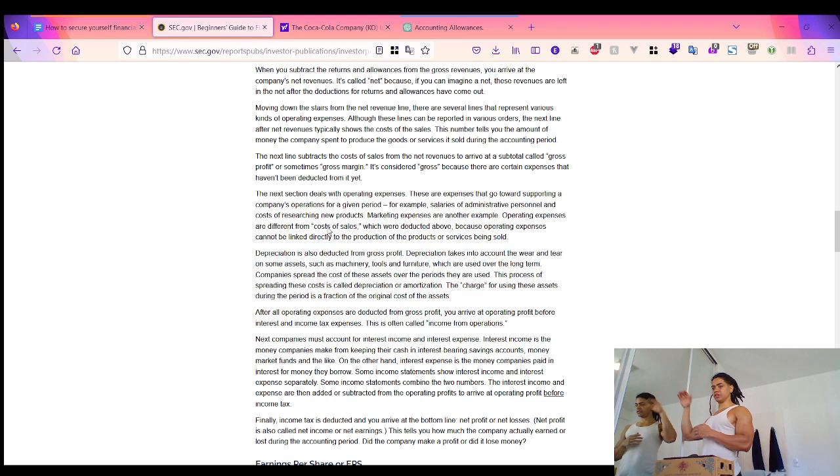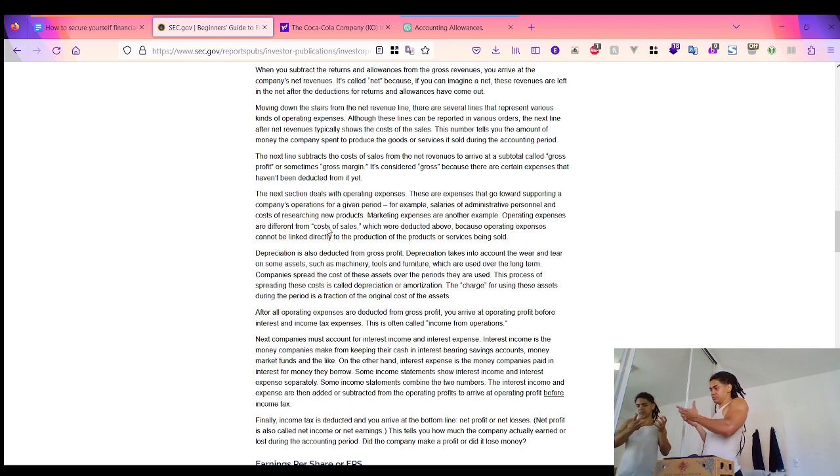If you think of an income statement as a set of stairs, you start at the top with the income, the gross revenue. The next line is the money that the company doesn't expect to collect from sales discount or merchandise return. Okay, after you deduct the merchandise return and allowance from gross revenue, you arrive at the company net revenue.